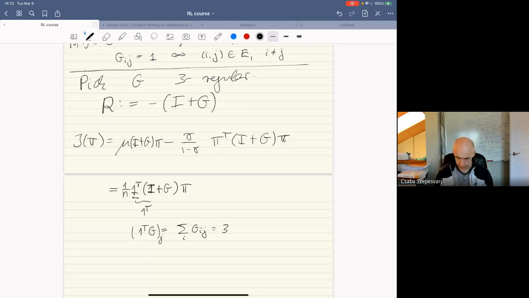Anyways, this is 3, because we had the 3-regular graph. So 1 transpose G is going to be 3 times 1 transpose.